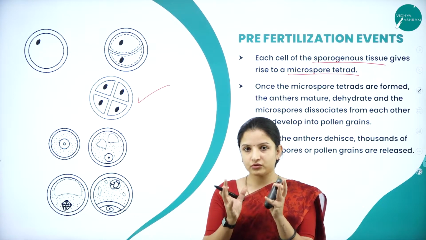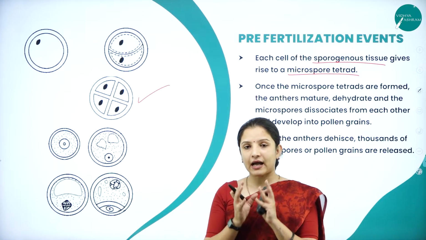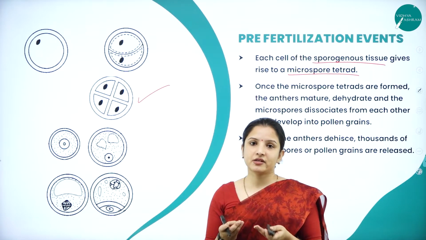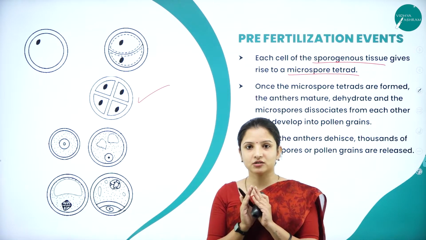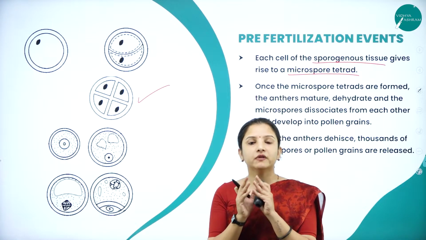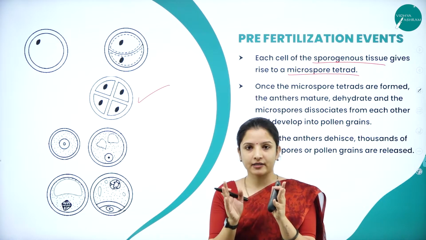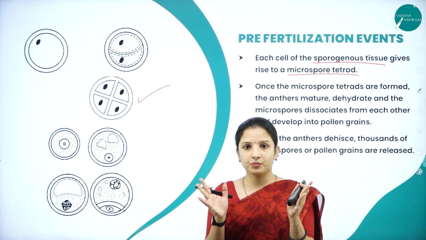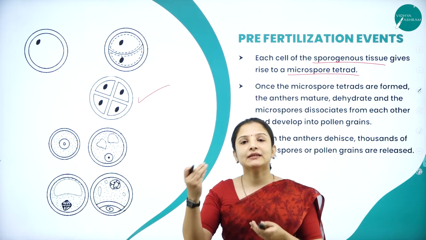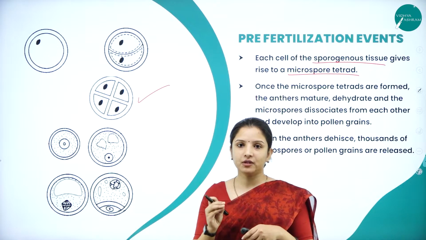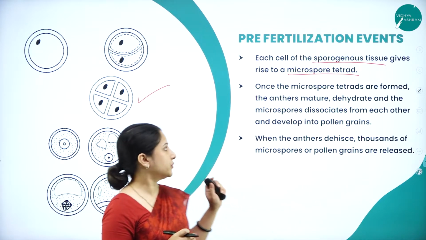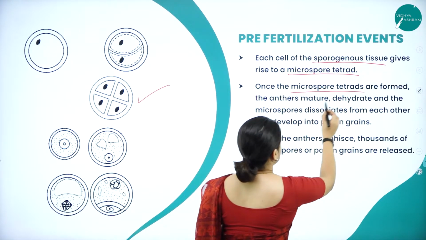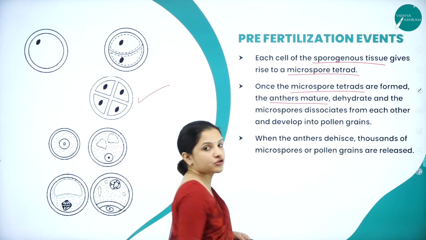When there is no space, and the anthers get desiccated or dehydrated, the anther wall becomes brittle or hard. When favorable conditions occur, they will burst open and the pollen grains will dehisce, or come out of the anther. So once the microspore tetrads are formed, the anthers are called mature anthers.